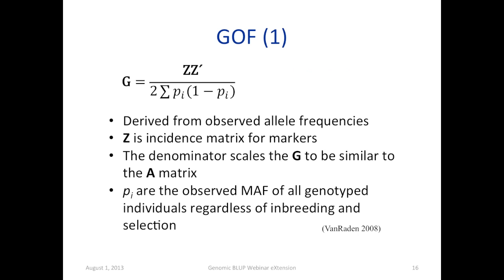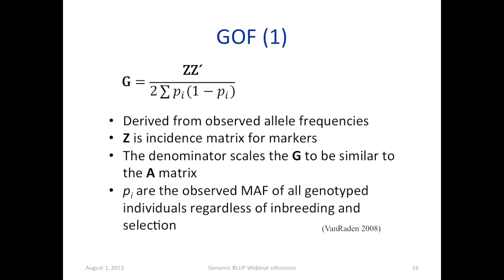This is called the GOF matrix. It's derived from the observed allele frequencies. So we know what Z is. It's the incidence matrix for the markers we just talked about. And the denominator in the formula scales the G to be similar to the A matrix.